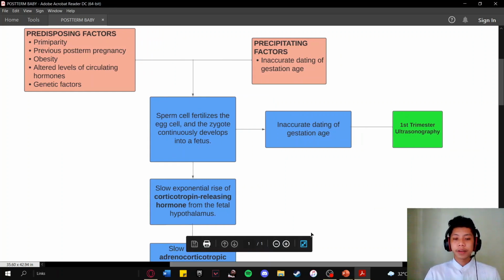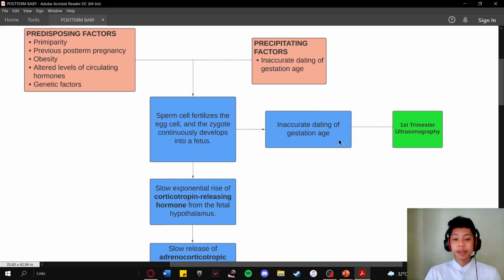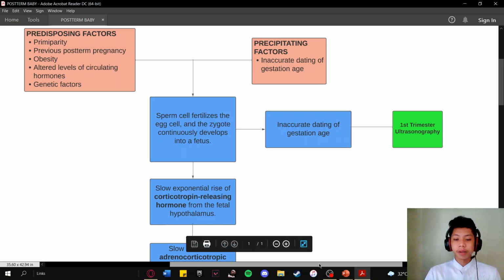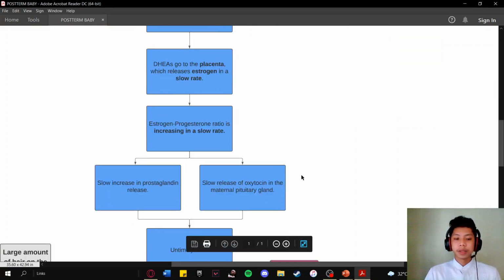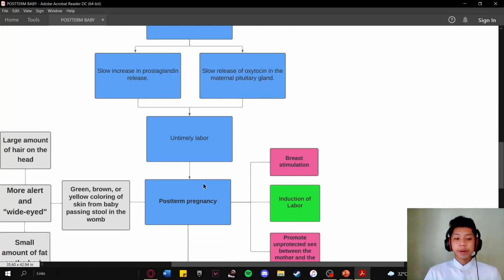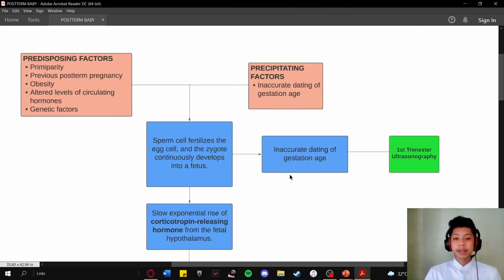So when inaccurate dating of gestation age occurs, that will also lead to untimely labor or postterm pregnancy.